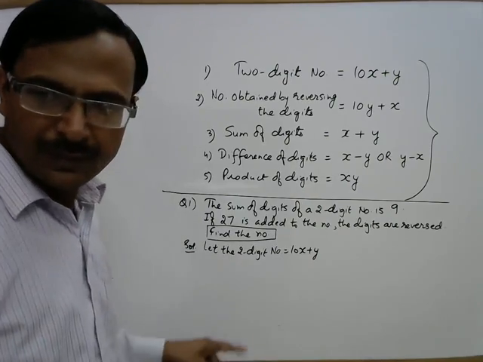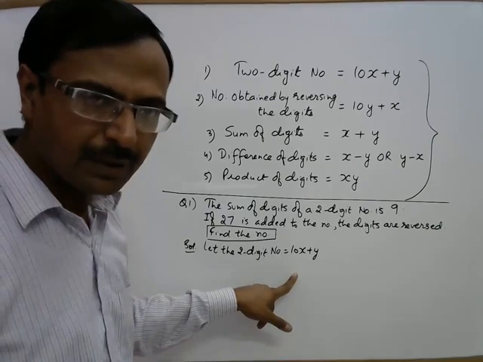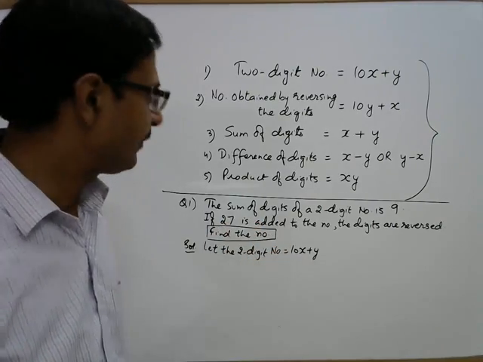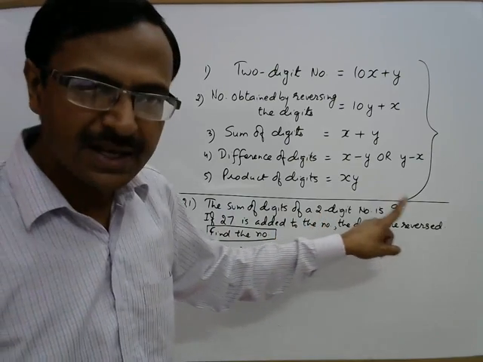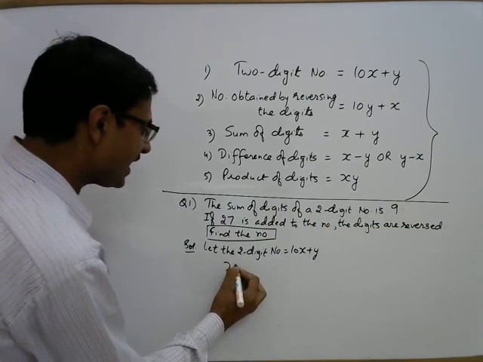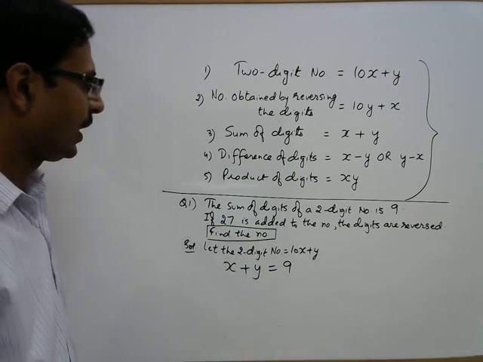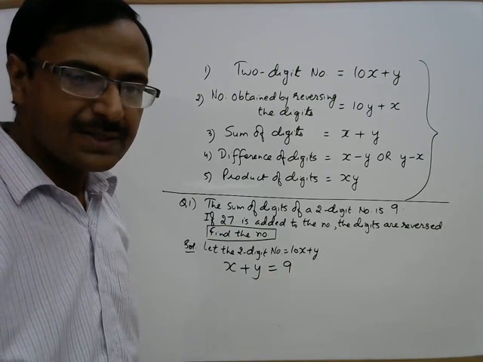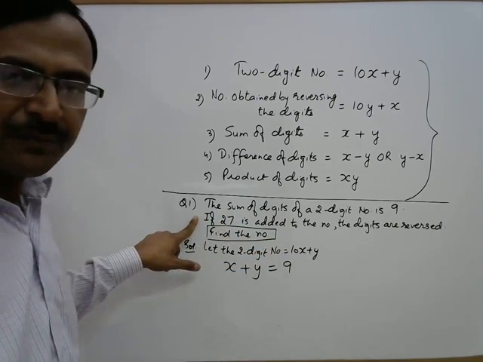Now, after having assumed the number, let us go by the statement. The statement says the sum of digits of a two-digit number is 9. So sum of digits means x plus y. It is 9. And what about the second equation, we will read from here.